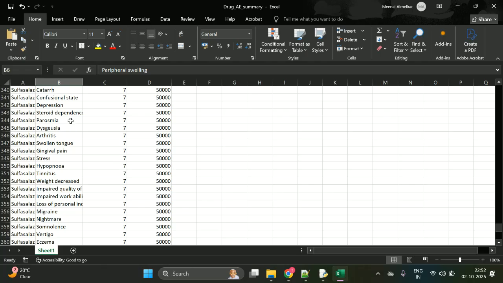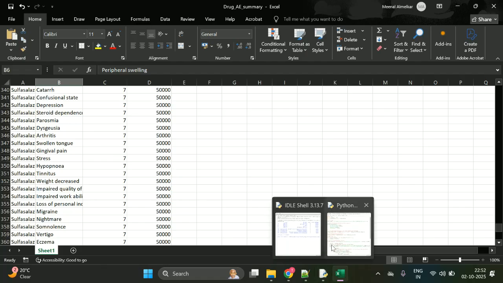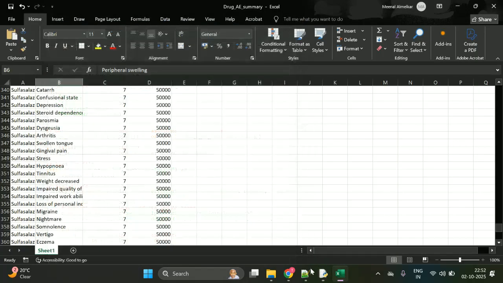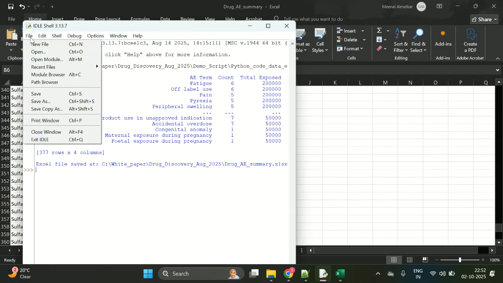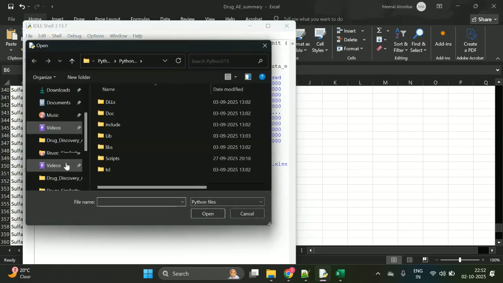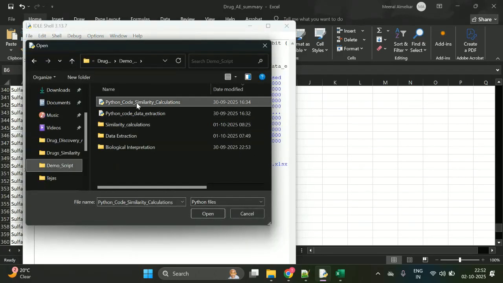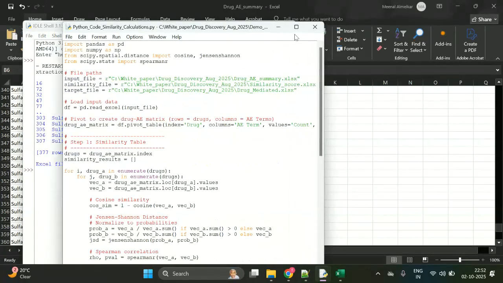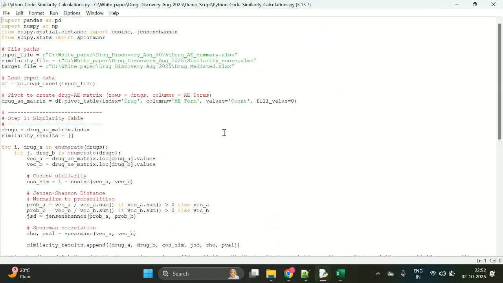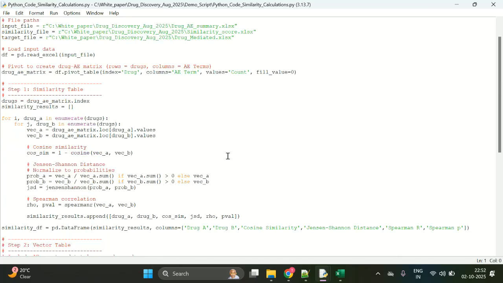Now that we have extracted adverse event data for drugs of our interest, the next step is similarity analysis. The idea here is if multiple drugs act on the same biological target, they should produce similar patterns of adverse events.